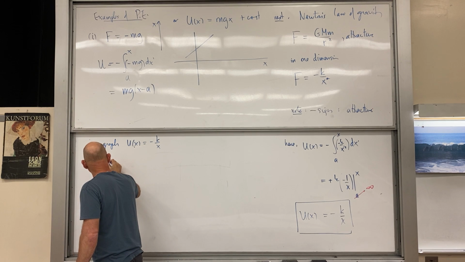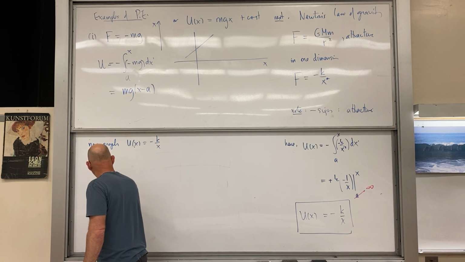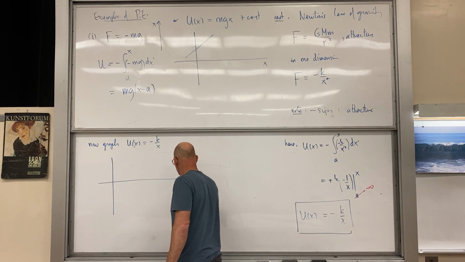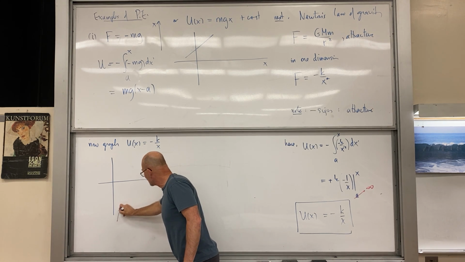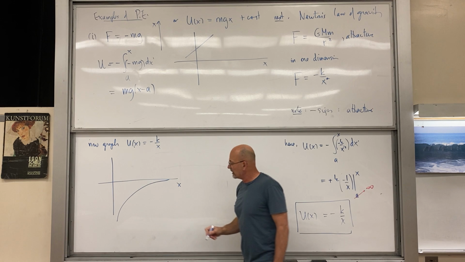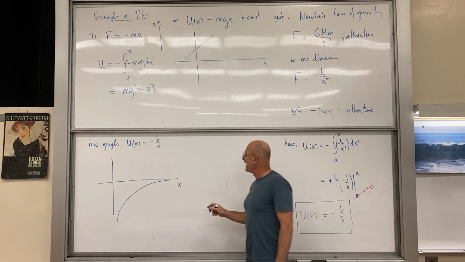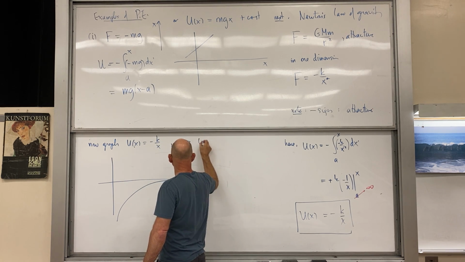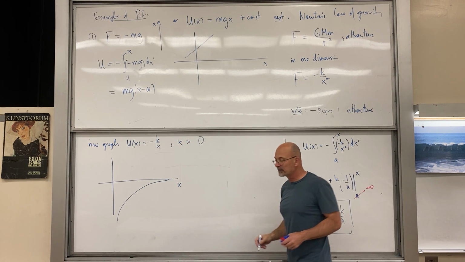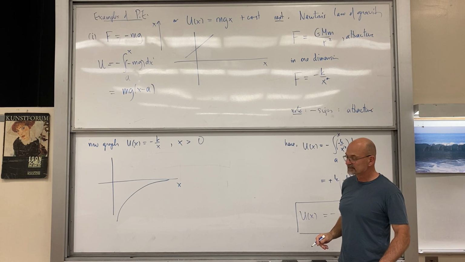Here, we're going to quickly see that the minus sign means we're always under the axis, and let's stipulate x is greater than 0. So that's the potential energy function.